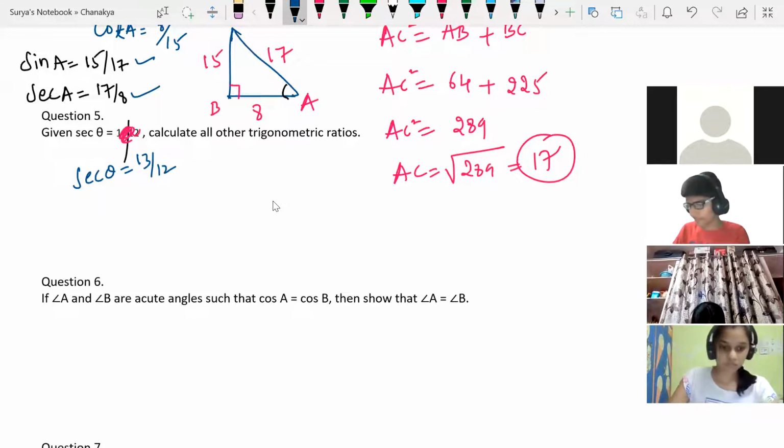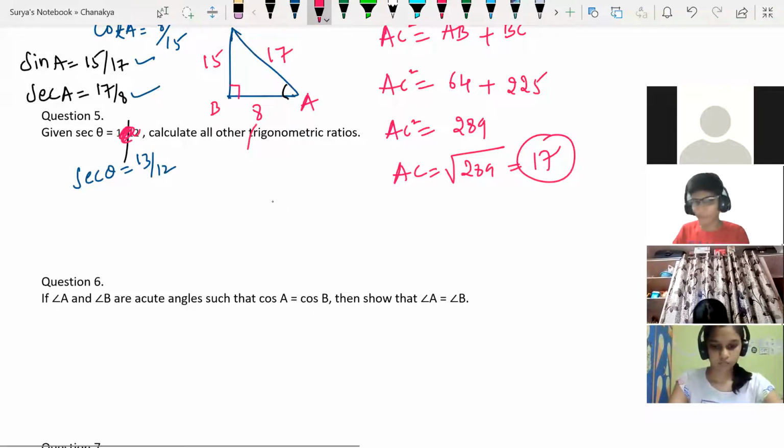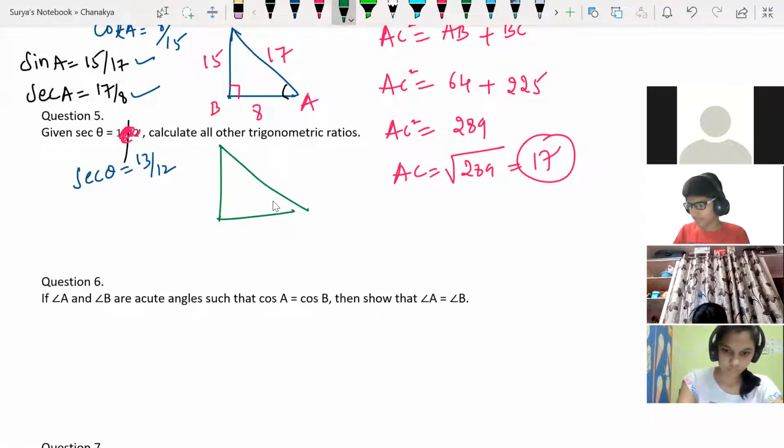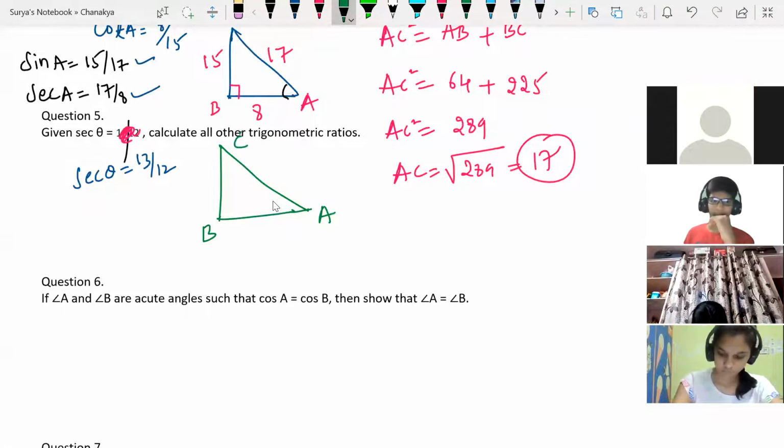Calculate other things. Secant theta is given. So look at this now. Let us say, okay, secant theta is what? 13 by 12.